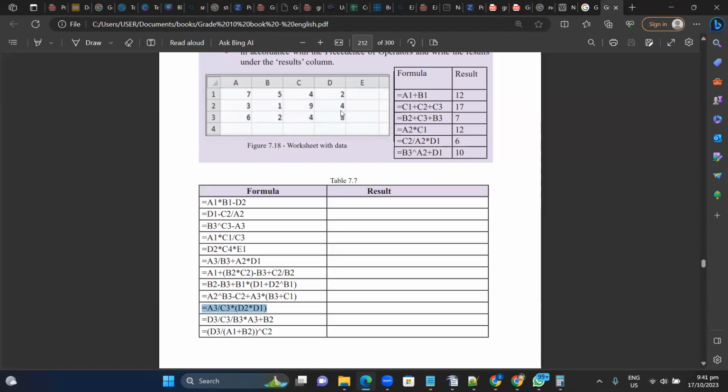D2 is 4, D1 is 2, so that is 8. A3 divided by C3 is 1.5. That 1.5 has to be multiplied by D2 D1, which is 8. 12 is the answer. Javier, 12 is the answer.